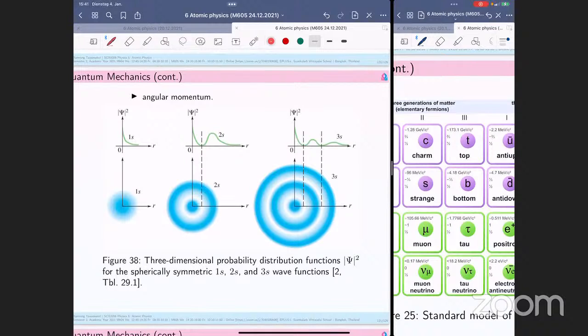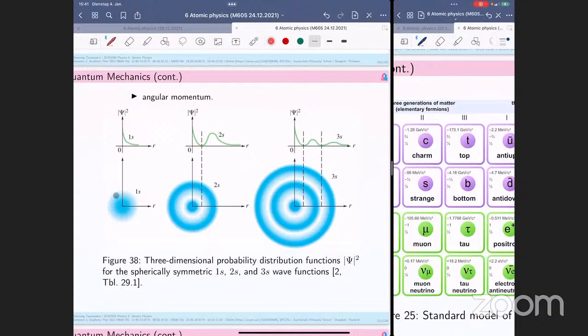The wave function is actually a complex function, and what we could see is only the magnitude. The magnitude of the wave function is shown here for the 1s state, when n is equal to 1 and l is equal to 0.